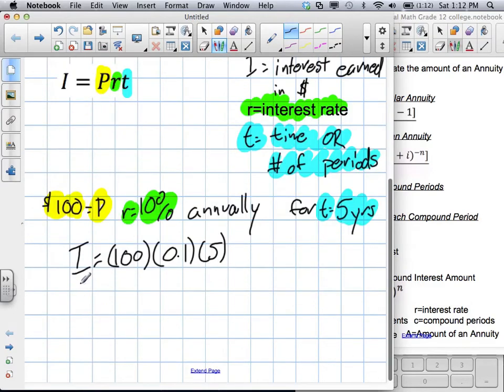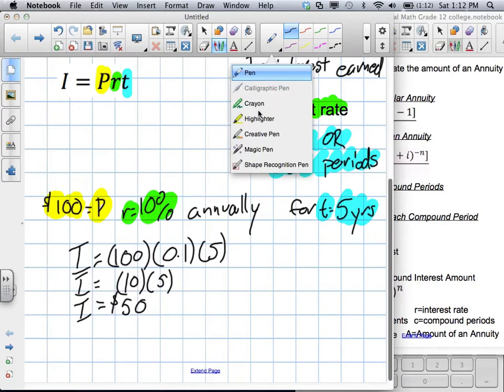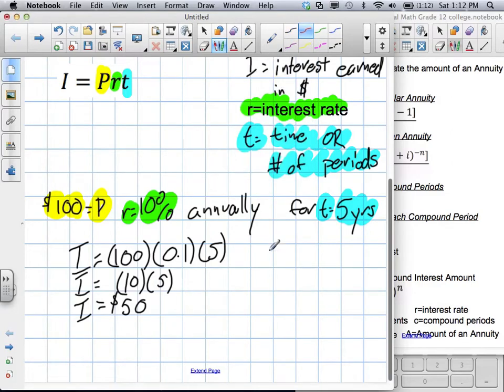So we go to calculate this. Our interest earned is 100 times 0.1, which is 10, times 5 is $50. Okay? So our interest earned is $50. So think of it like this. Year 1, we earned $10, right? 10% of $100 is $10.